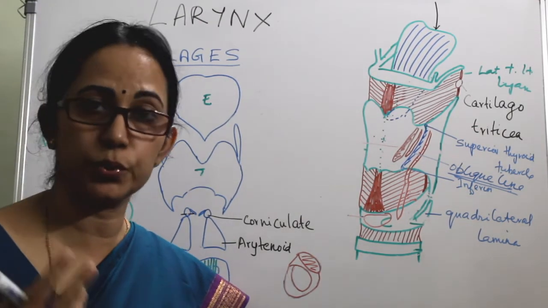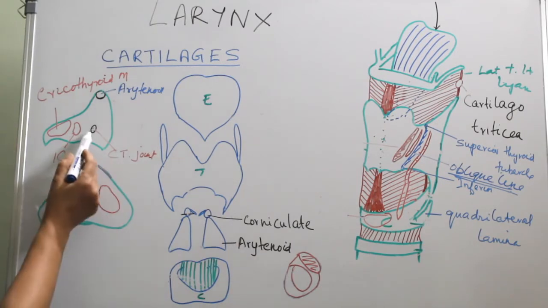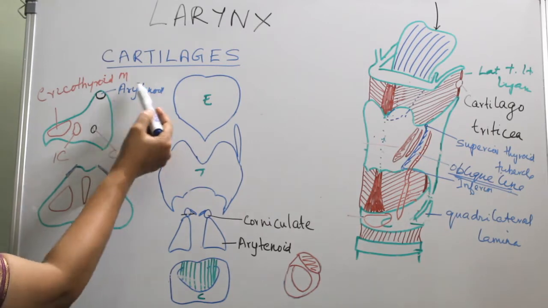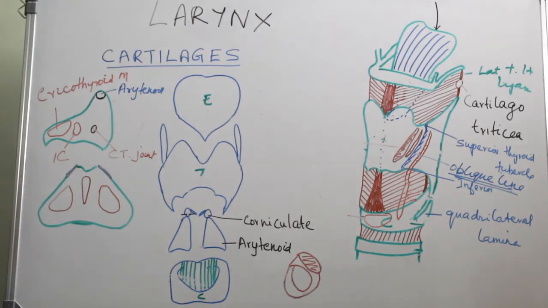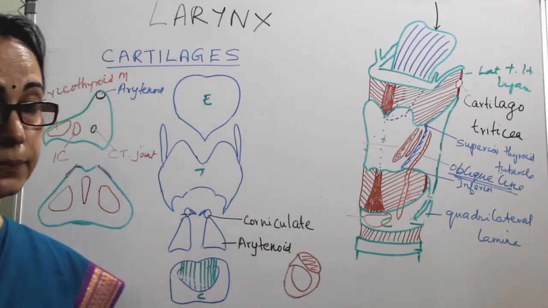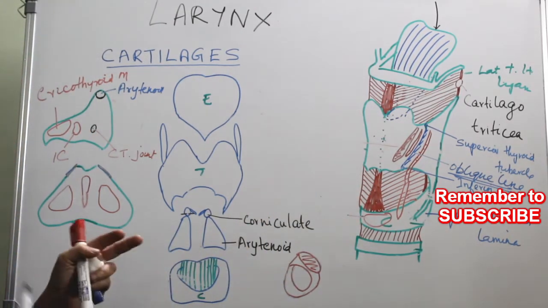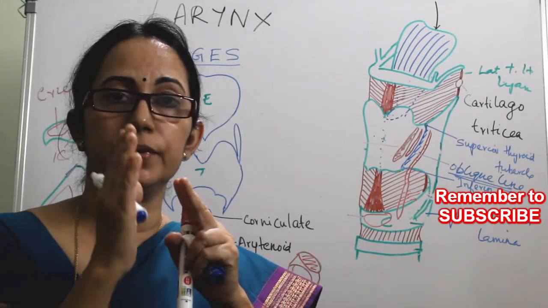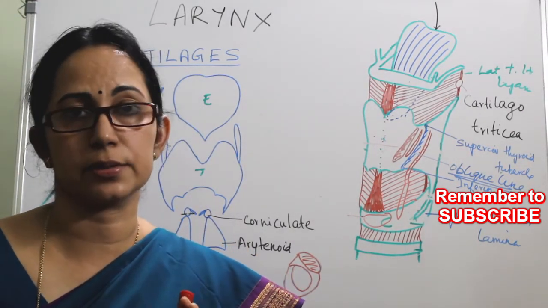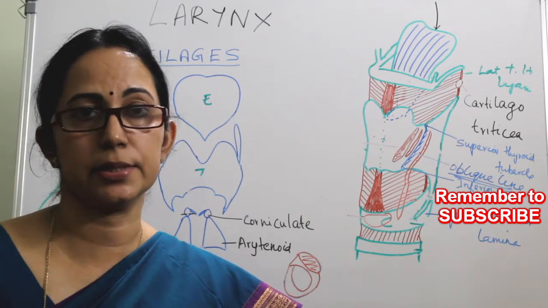So actually it has got two joints. One is the cricothyroid joint, and another one is the cricoarytenoid joint, and both of these are synovial joints covered with the membrane. Posteriorly, that is on the posterior part of this larynx, it is facing the esophagus and also the arytenoids, isn't it?